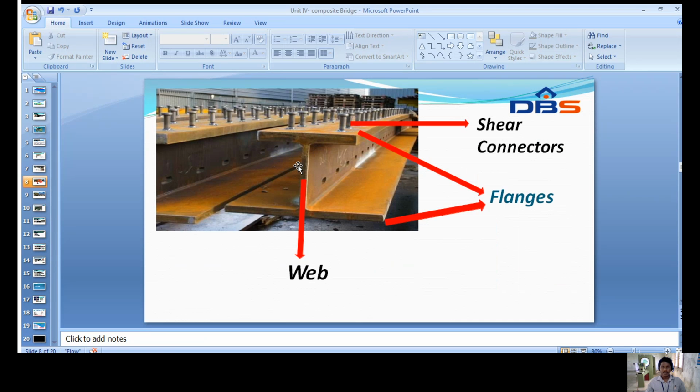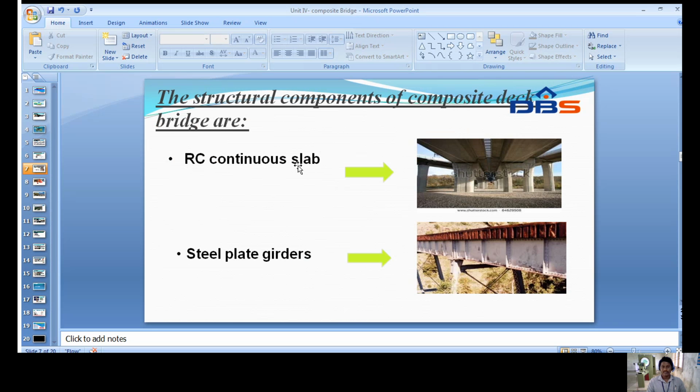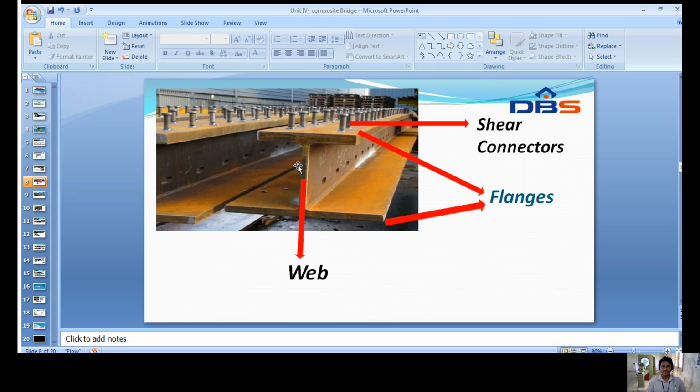Coming to the parts of composite bridges, there are two: the steel plate girders and the RC continuous slab. This is how a steel plate girder looks, and these are the shear connectors.